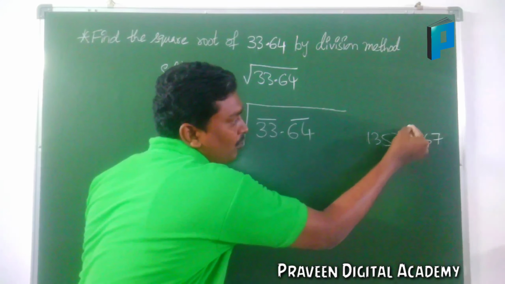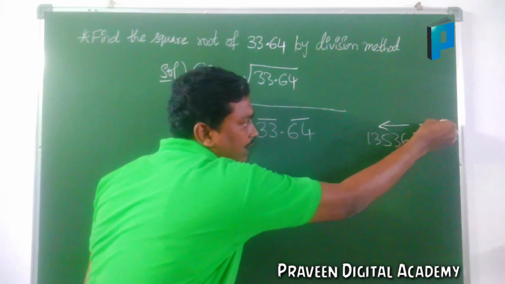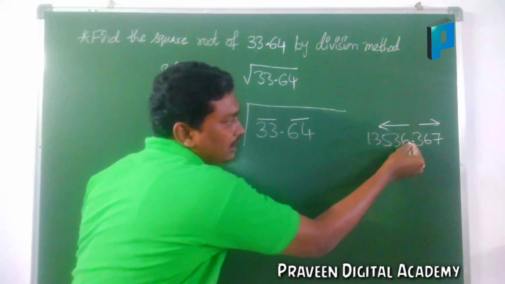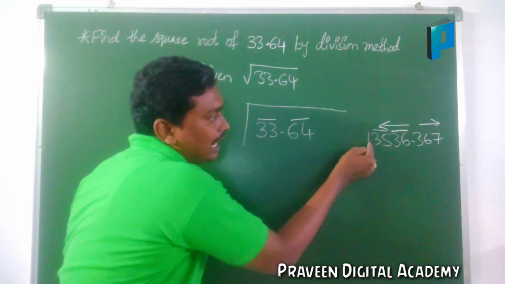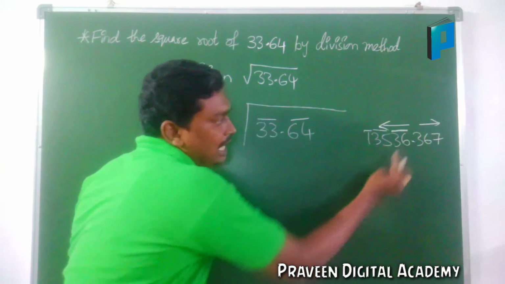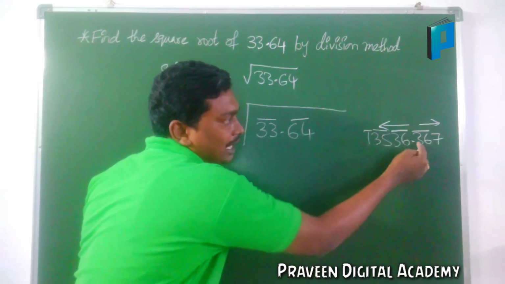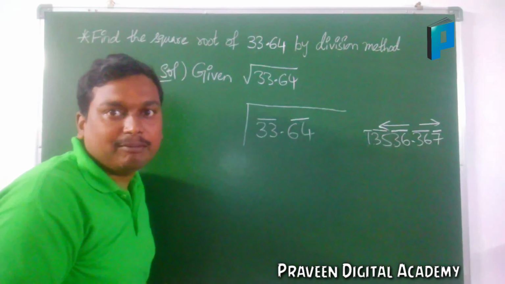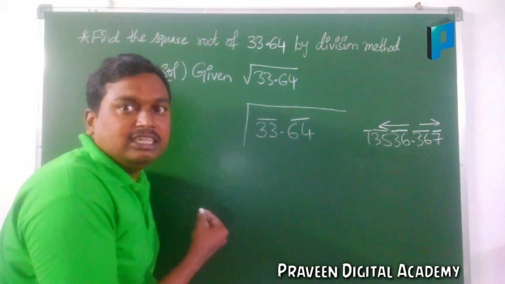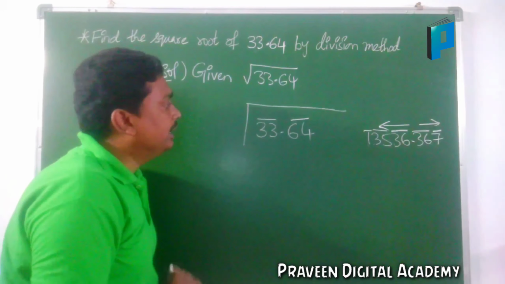Before the point you should keep bars like this, after the point you should keep bars like this. Here 36 we will keep a bar, 35 we will keep a bar, and we will take one separately. After the bar you will keep for two numbers like this, and this one number is left, so we will take the number 1 as a bar. In this way we will take the bars here.